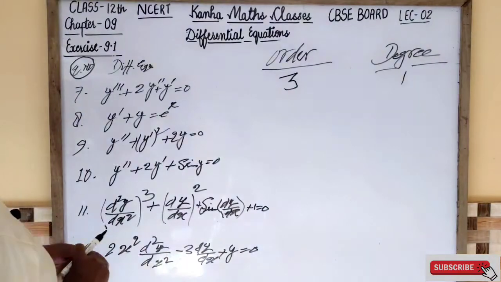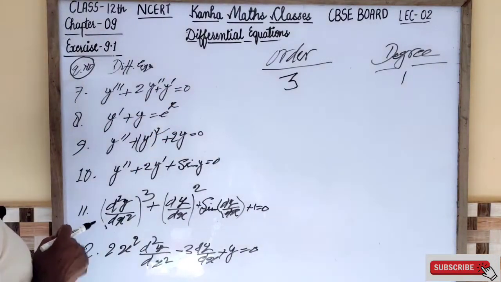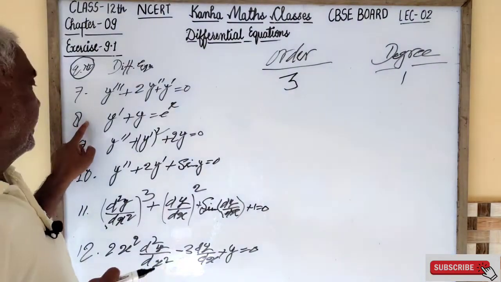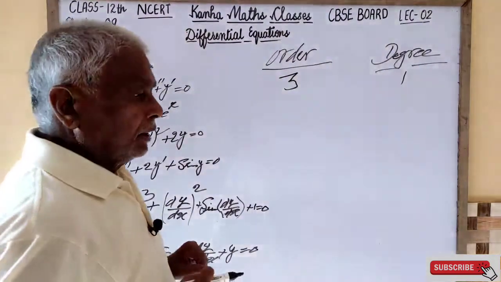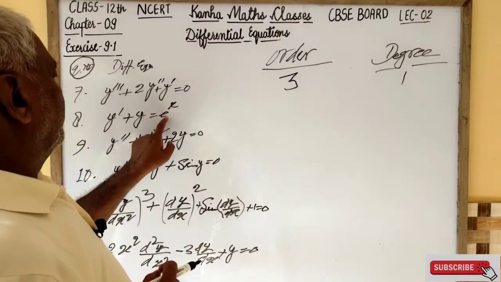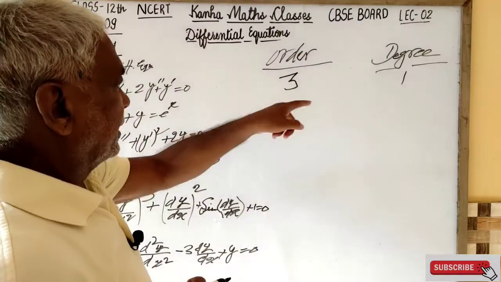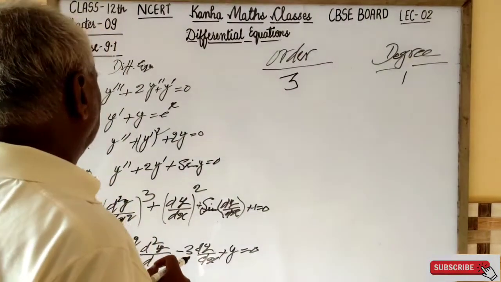In the same sequence we will try to find the order and degree of the differential equation under question number 8. Here we see very clearly y dash plus y is equal to e to the power x. This is the differential equation, and we have to find the order and degree of this differential equation.